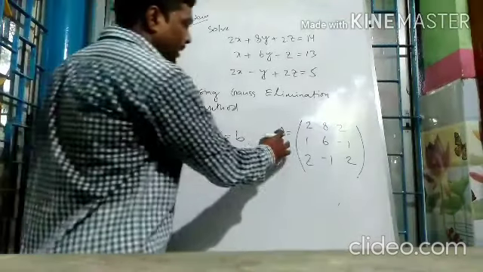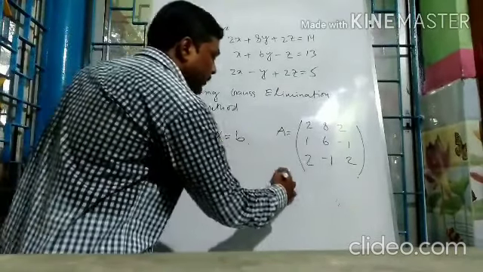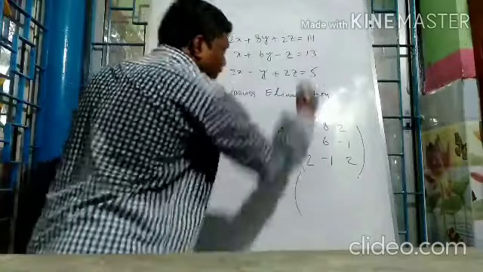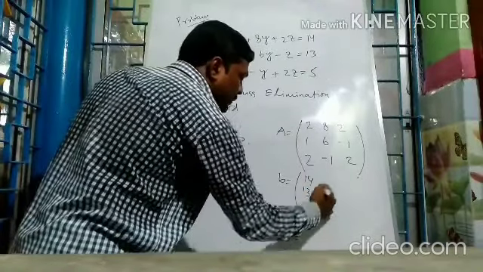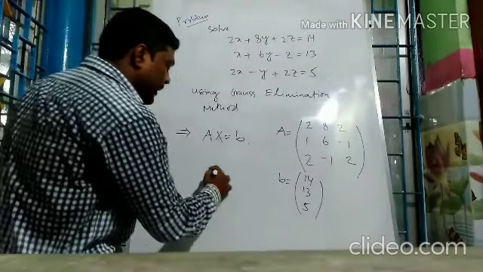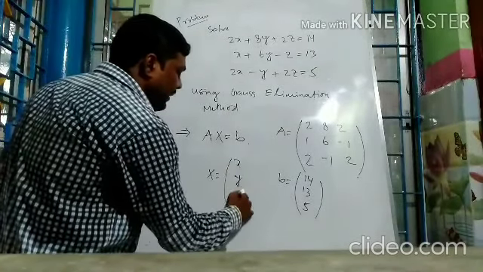This is the known coefficient matrix A. The vector B is [14, 13, 5], and the unknown vector X is [x, y, z].